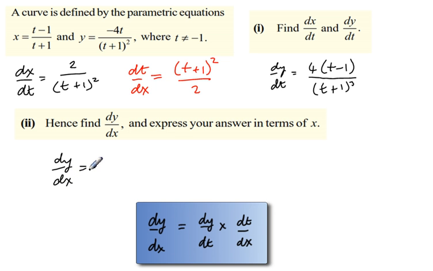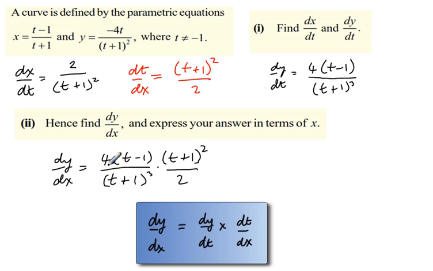So dy/dx is equal to dy/dt, 4 into t minus 1 all over t plus 1 to the power of 3, multiplied by dt/dx, t plus 1 squared all over 2.